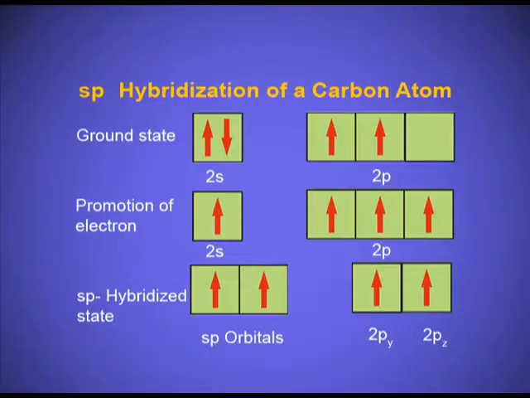This mixing of s and p orbitals will take place in both the carbons, and now both carbons will have 2 sp hybridized orbitals each and 2 unhybridized 2p orbitals on each carbon atom. Now let me show you and explain this through an atomic model kit.